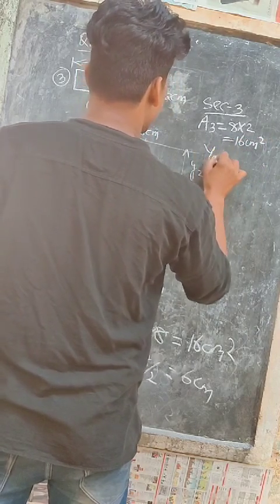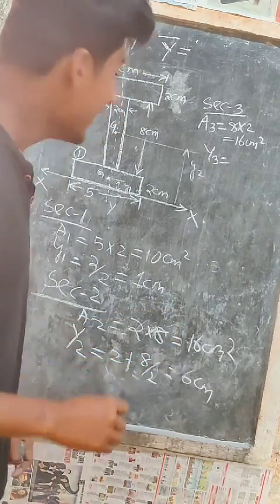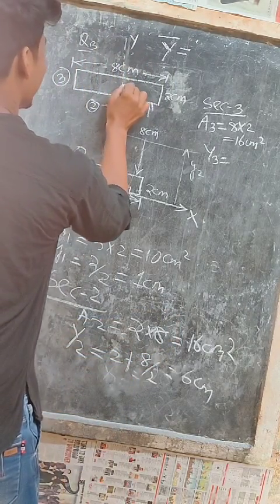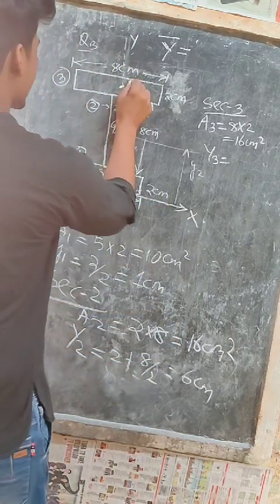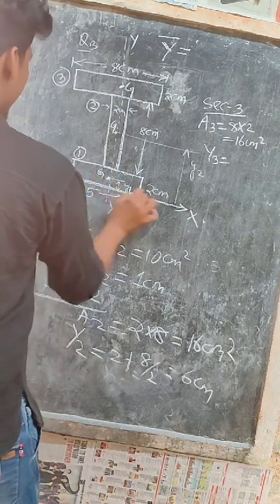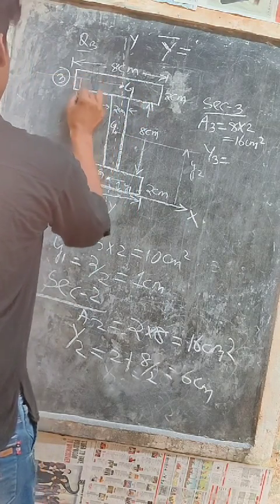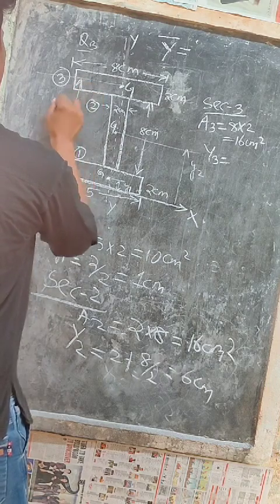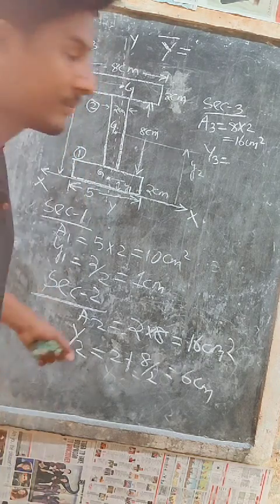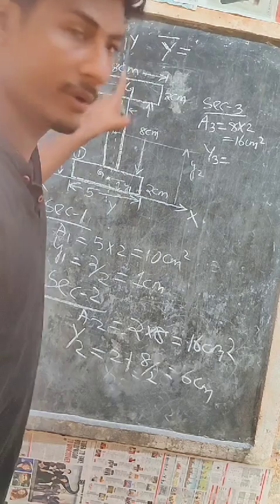Now what is y3? Y3 means the distance from the x-axis to the CG point. And this distance is called y3.